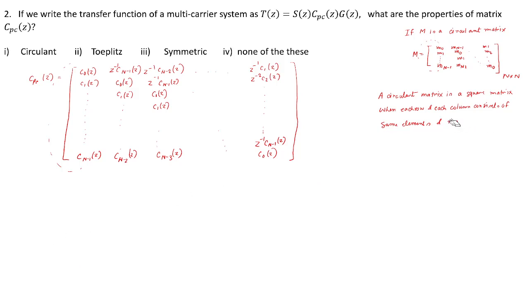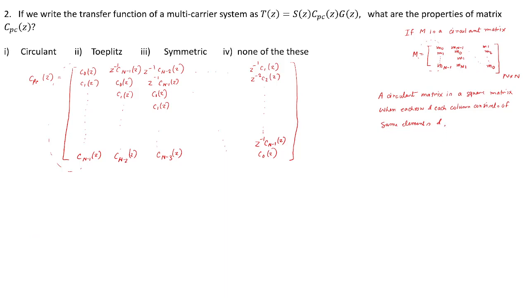Also a nice way to see that: instead of seeing that elements are rotated by 1 unit right, the entire row is being shifted to the right. You can visualize from that perspective also.